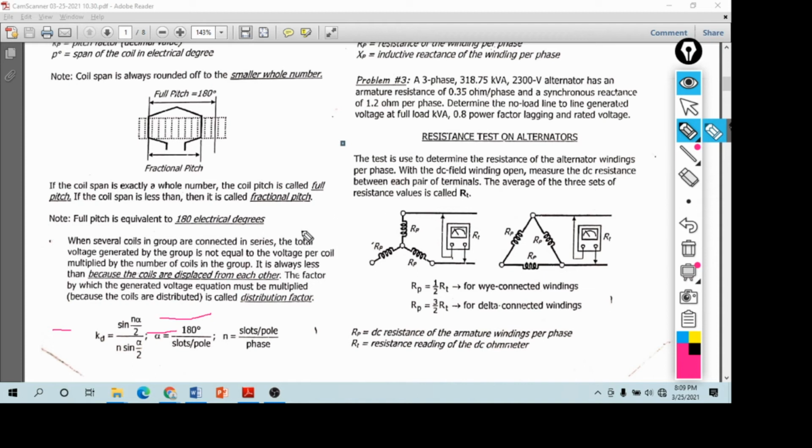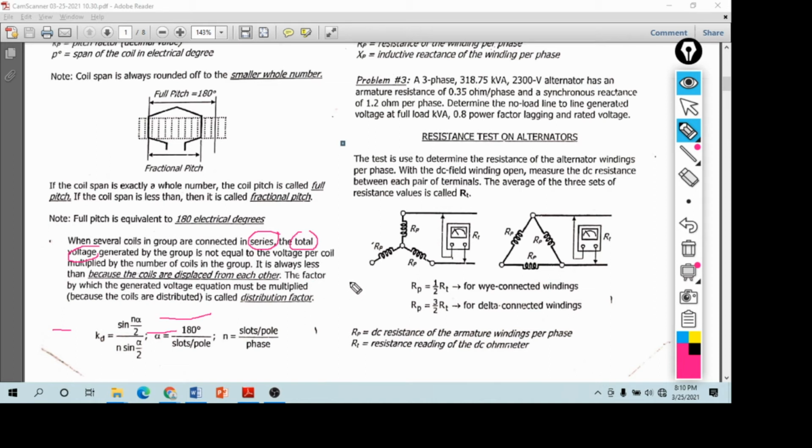Okay, so let's read that again. Since they are connected in series, that is not an assurance that the total voltage generated is equal to the voltage per coil multiplied by the number of coils in the group.